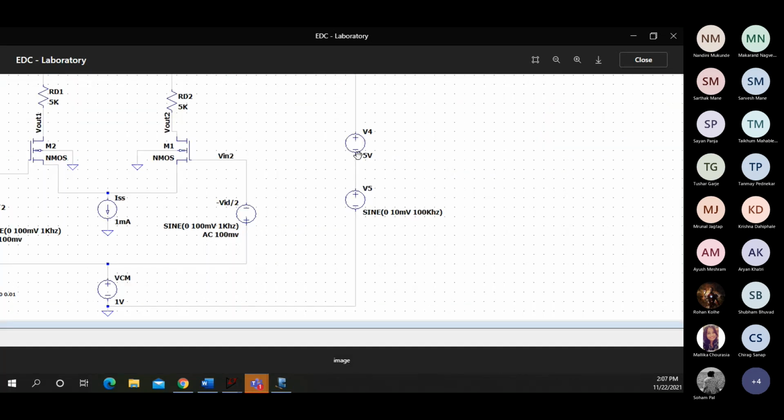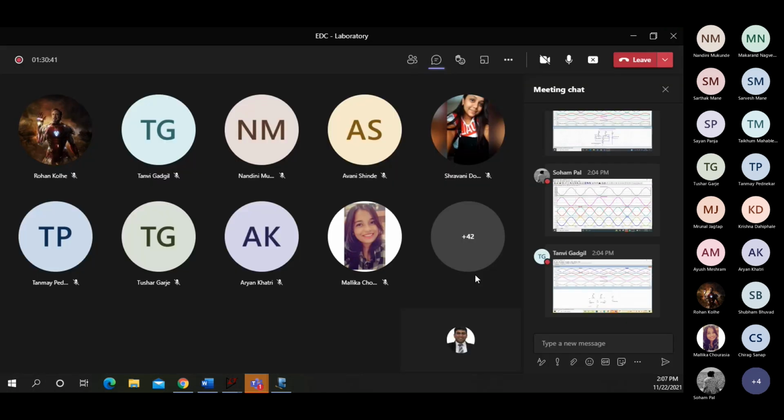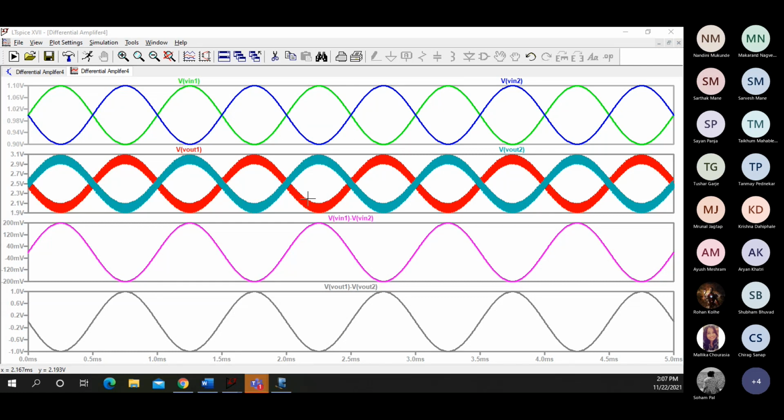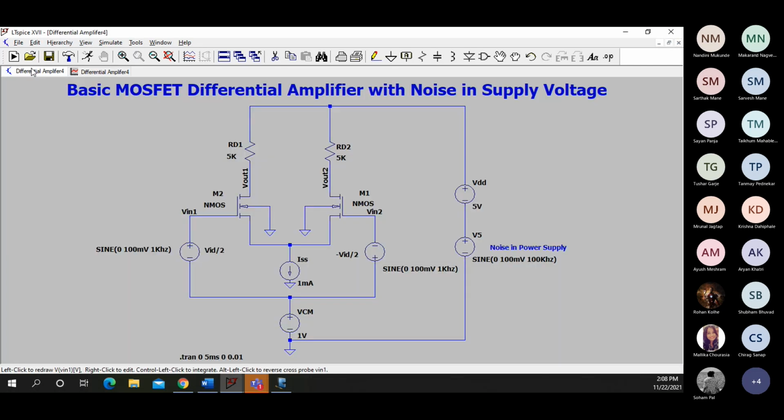But here my power supply is 5 volts, so 10 millivolts won't create much variation. So just to see the variation, you make it 100 millivolts. The circuit is correct, only the value will change so that you can observe a good amount of noise being captured. Got it, Tanvi? Yes, sir.